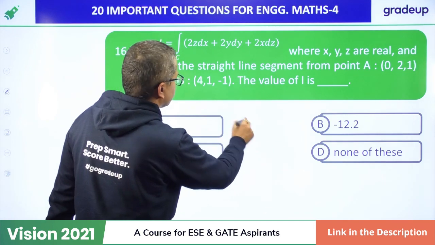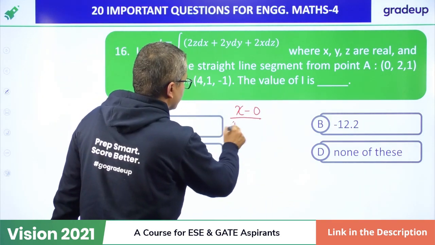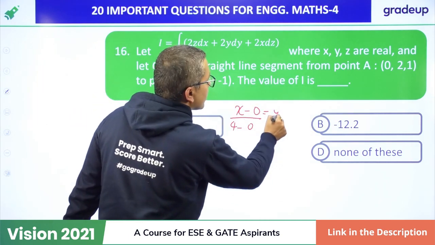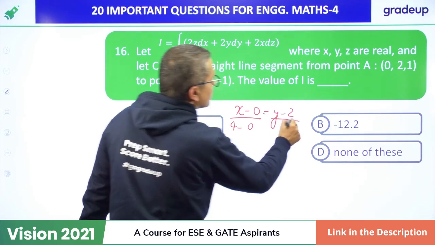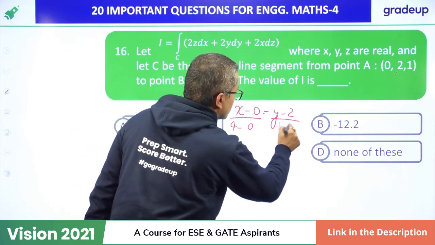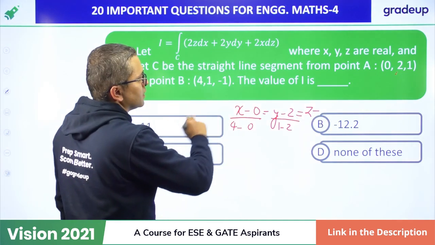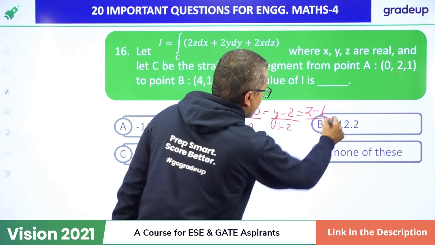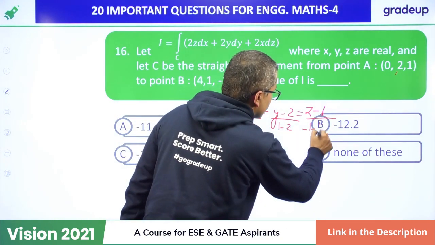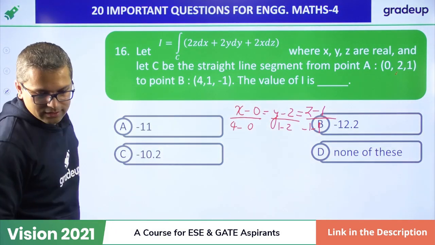So I'm going to say that x minus 0 upon 4 minus 0, because this is 4 and this is x, equals y minus 2, this one upon 1 minus 2, equals z minus 1 upon minus 1. Okay, this is how we write an equation in 3D.